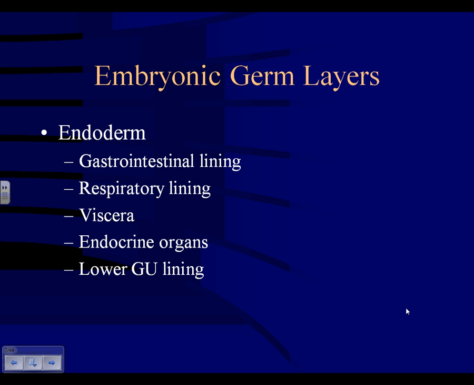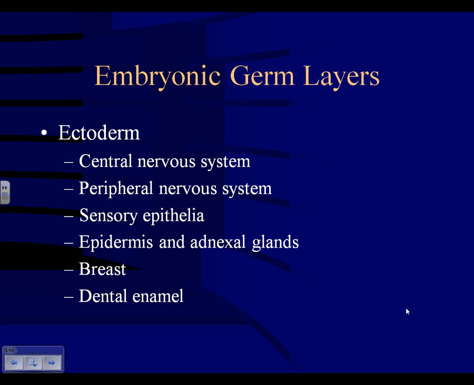You guys already had an embryology lecture, so I'm not going to belabor this because it's pretty painful and complicated. But in general, the endoderm refers to the gut, the respiratory lining, the viscera, the endocrine, so things that are very much on the inside, whereas the ectoderm is the outside. If you remember from that embryology lecture how we develop as embryos, it does make sense, although it's complicated.